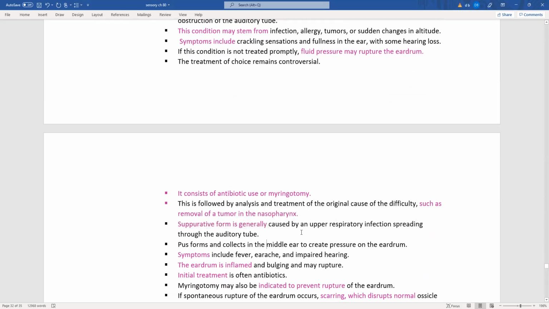Suppurative form is generally caused by an upper respiratory infection spreading through the auditory tube. Pus forms and collects in the middle ear to create pressure on the eardrum. Symptoms include fever, earache, and impaired hearing.